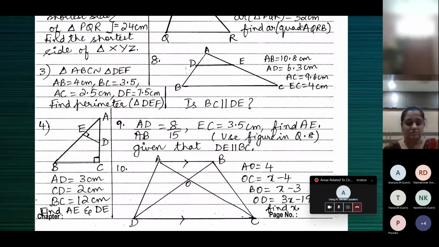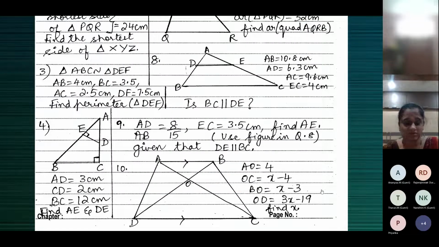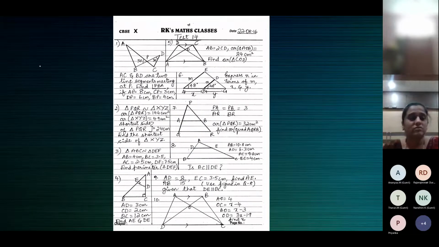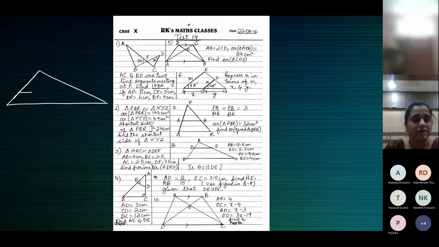You can remember it by drawing a figure. Certain things you must remember using a figure. One second. So, a triangle. If a line is drawn parallel to one side of the triangle to intersect the other two sides at distinct points, then the other two sides are divided in the same ratio.